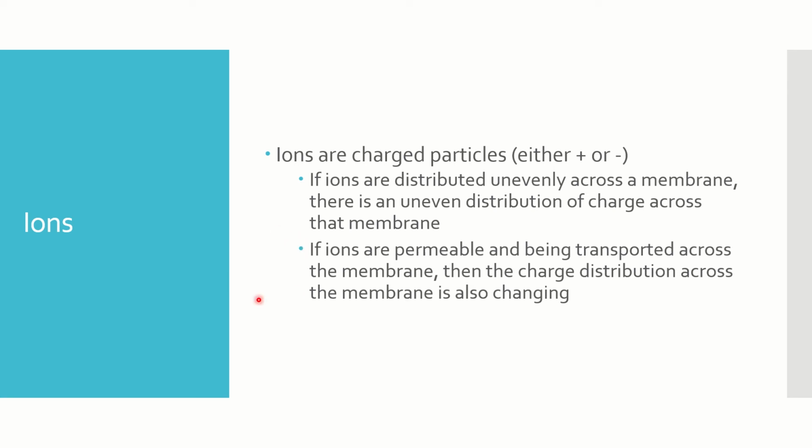If the membrane is permeable to those ions and they're being transported across the membrane, then the charge distribution is also going to change. So, for example, if we have sodium, 30 on the outside, 15 on the inside of the cell, sodium is somewhat permeable. It does kind of leak back and forth. Let's just write this out, 30 and 15, there's the line of the cell here.